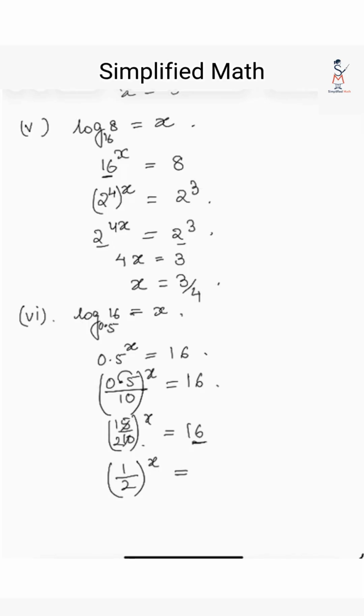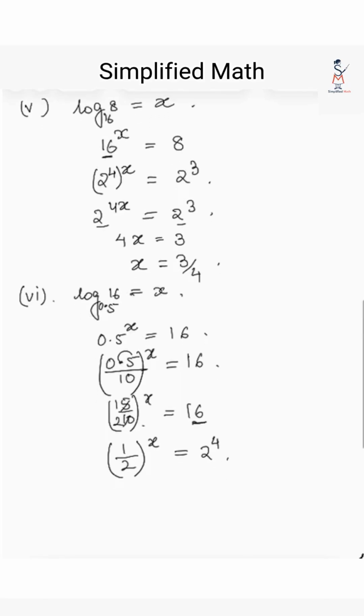16 we know is 2 raised to the power 4. Here we have 2 in the denominator, so we will make it the numerator. We know when a number is in the denominator and we have to make it the numerator, the power becomes negative. So here it was 1 by 2 raised to the power 1; it will become 2 raised to the power minus 1. So we can write 2 raised to the power minus 1 into x is equal to 2 raised to the power 4.